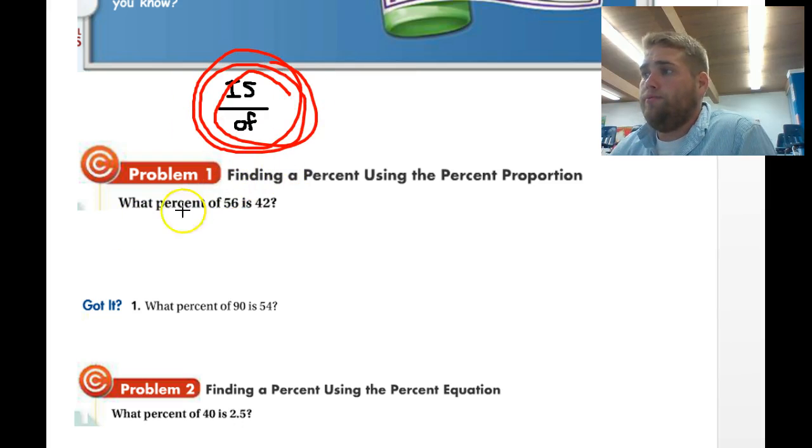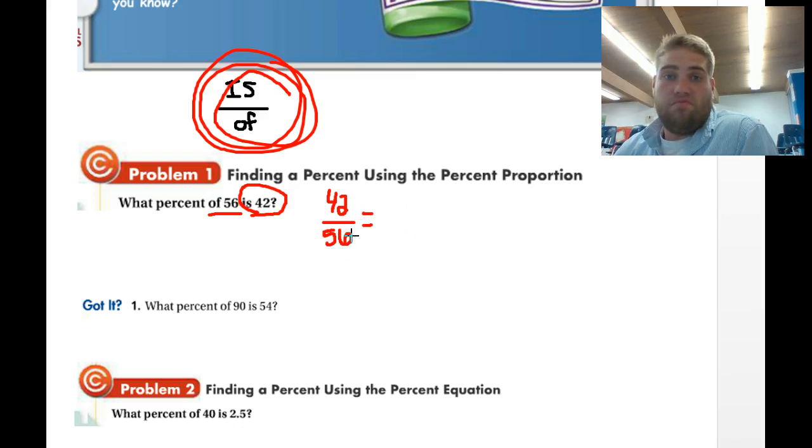Problem 1: what percentage of 56 is 42? So I want is over of. Is is 42. Of is on the bottom, which is 56. That's all we have to do. We plug that into our calculator, and it gives us 0.75.